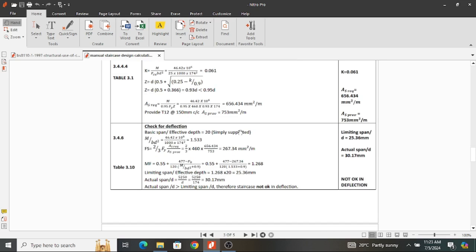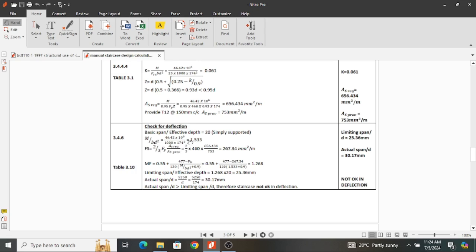And once you carry out this, the moment was 46.42. Then the effective depth changed to 174. You get this M over bd squared as 1.533. And then this fs is 267.34, because I take my area required and divide by the area provided, multiply by the characteristic strength of my steel, and multiply by this 2/3 factor, and I get 267.34.